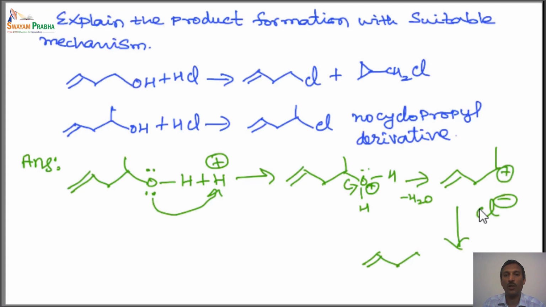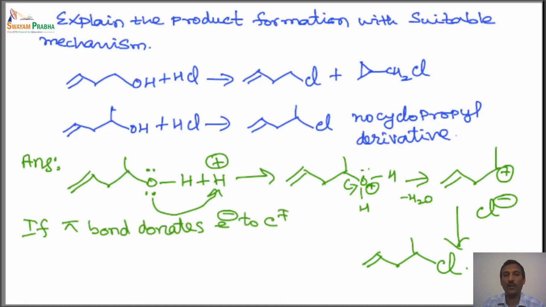So this undergoes the normal addition, where chlorine adds to the carbocation to give the normal product, which is observed here. Basically, if the pi bond donates electrons to the carbocation, that leads to a strained system in this particular case. So that's the reason only one product is formed and the cyclopropyl derivative is not formed in the second case.